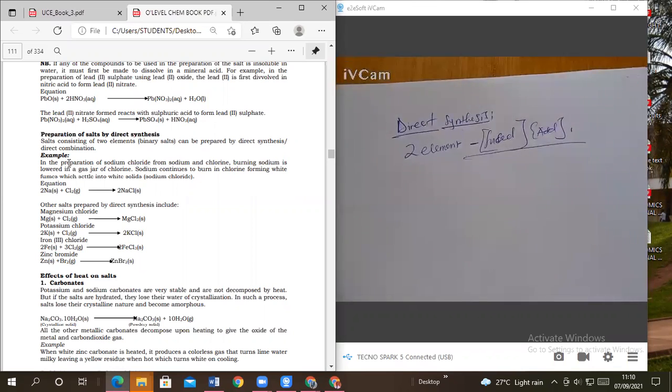So examples: in the preparation of sodium chloride, sodium and chlorine are used. Burning sodium is lowered in the jar of chlorine. Then sodium continues to burn in chlorine, forming white fumes of sodium chloride.